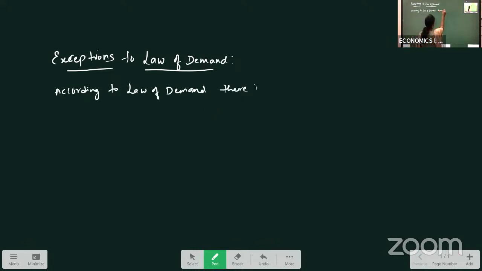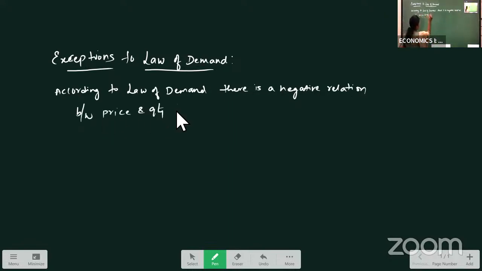What do you mean by negative relation here? When price increases, demand decreases, or when price decreases, demand increases.